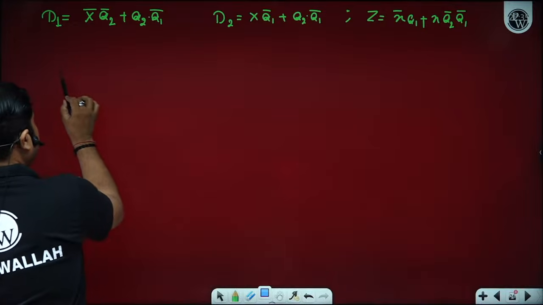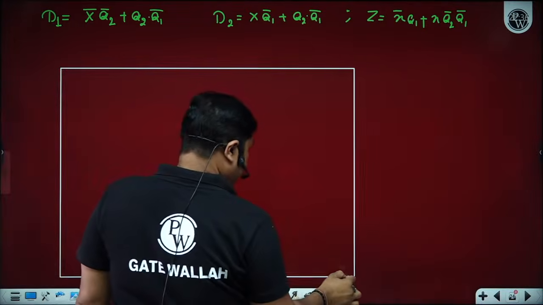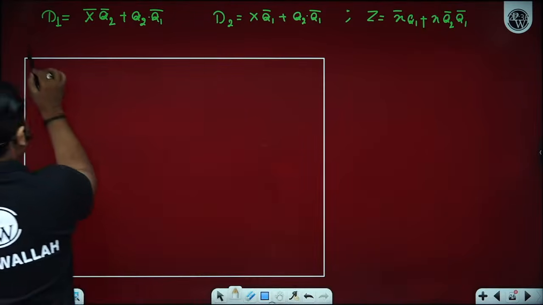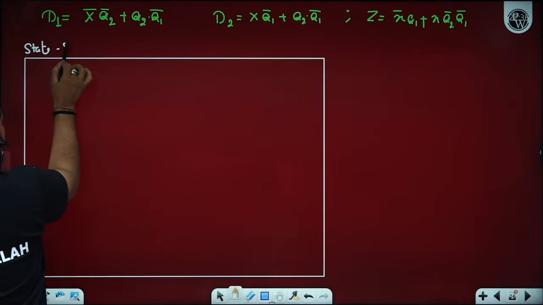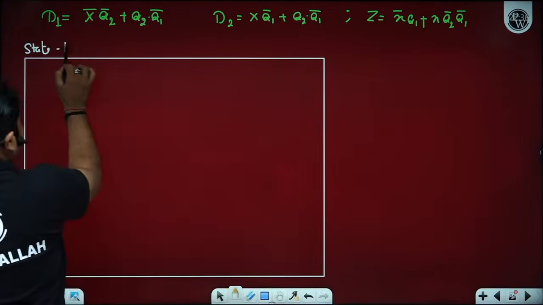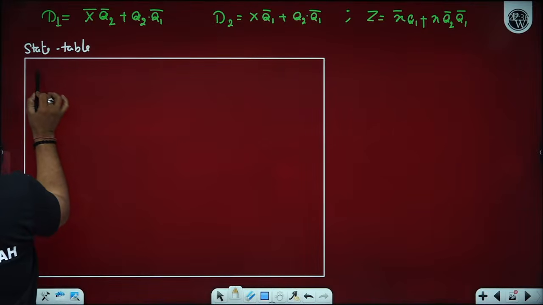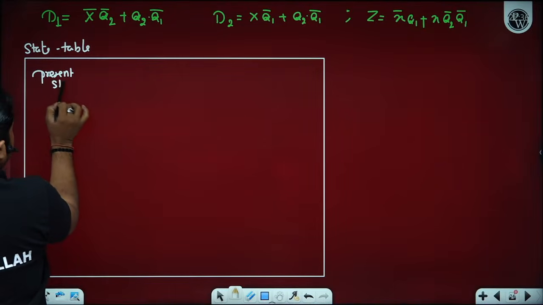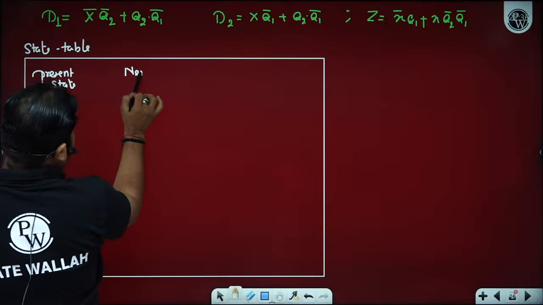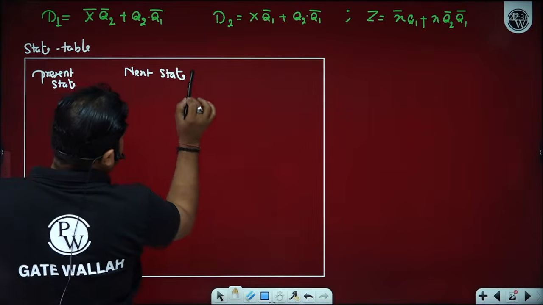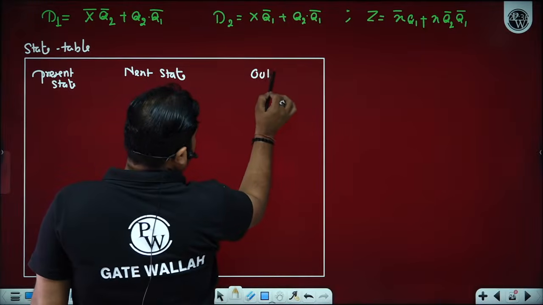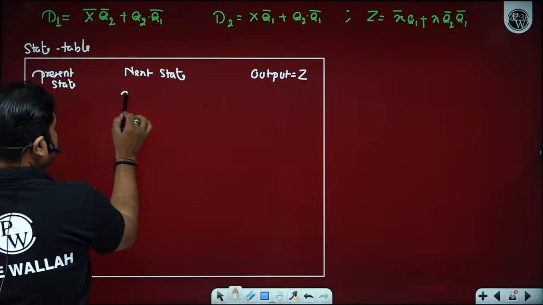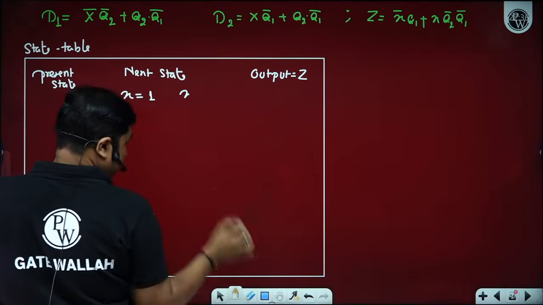Please observe the state table. In a state table, first of all we have the present state, next state, and output Z. The next state is with x equals 1 or x equals 0.